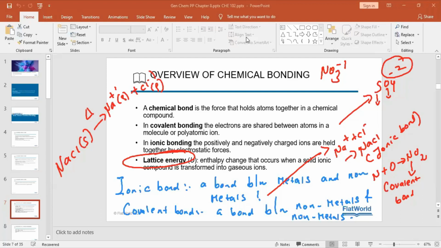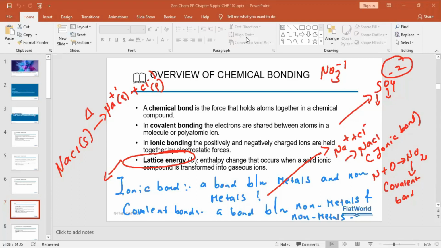So how much energy is needed to break up the sodium chloride is also an indirect measurement of electrostatic force. That's how we define lattice energy, the amount of energy that you put in.